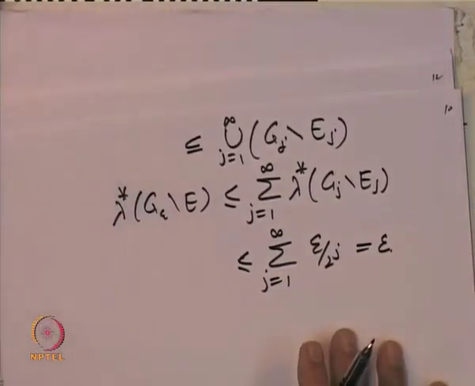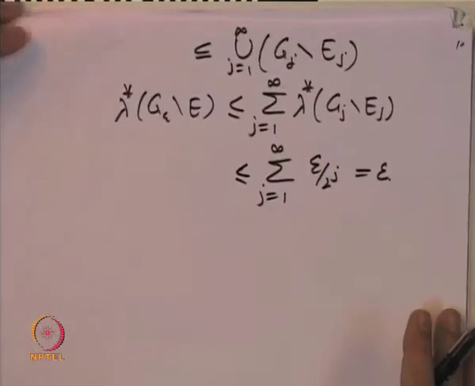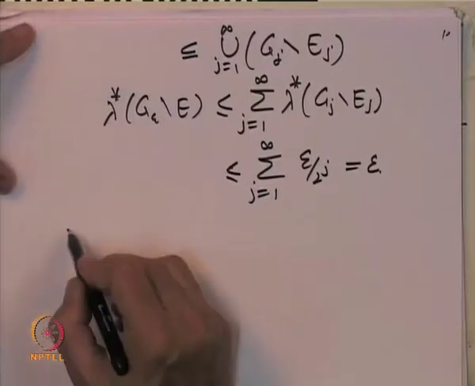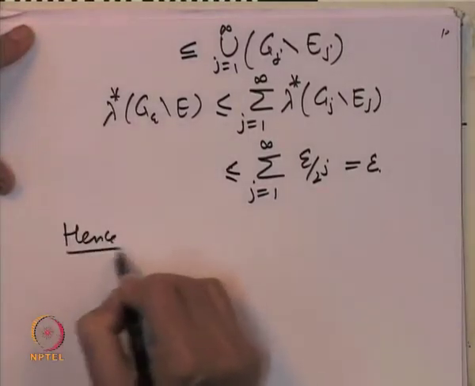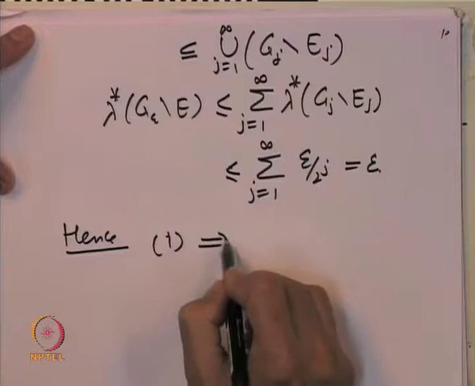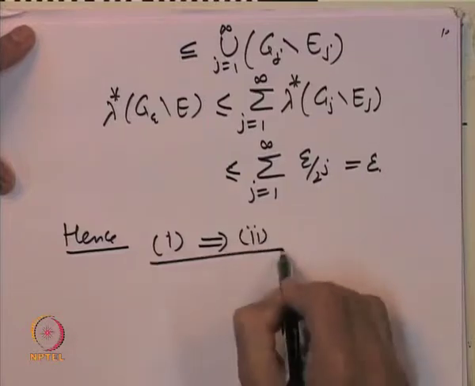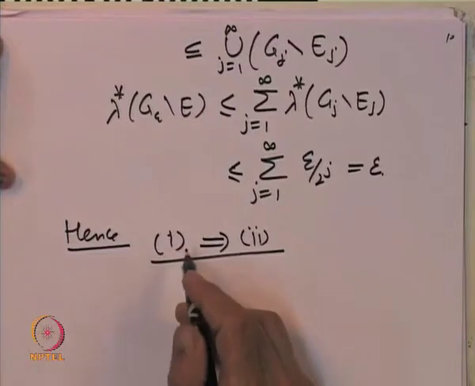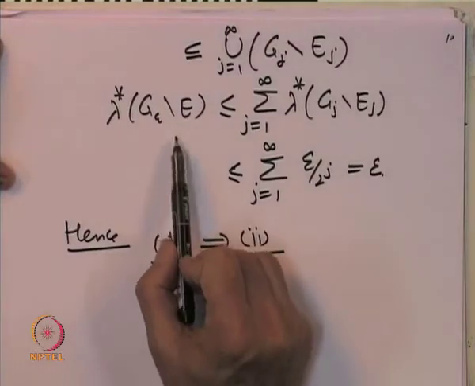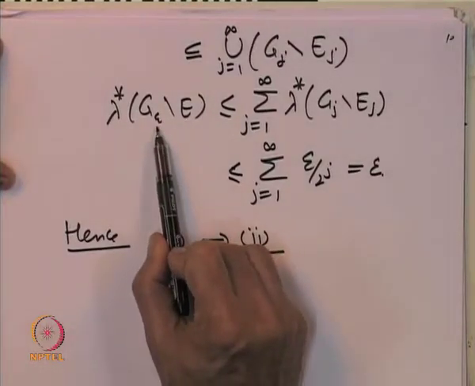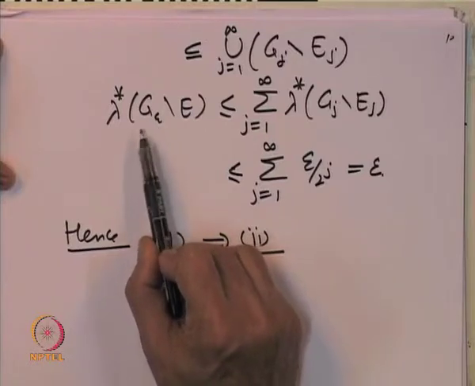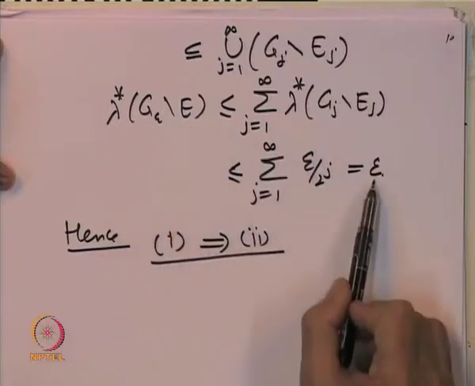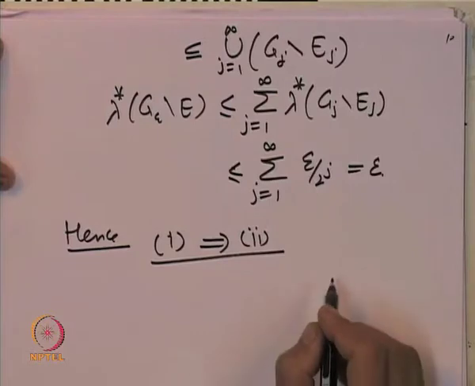So, that proves the second property completely in the general case also. Hence what we have shown is that 1 implies 2. Namely, if E is Lebesgue measurable, then given epsilon, we can find an open set G epsilon such that the outer measure of G epsilon minus E is less than epsilon.